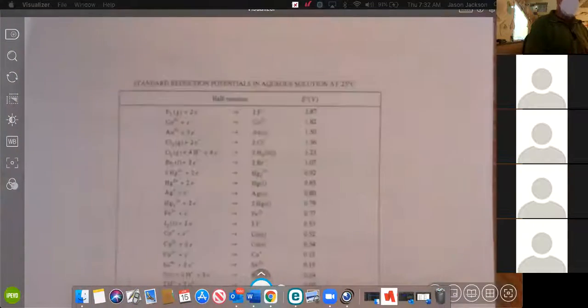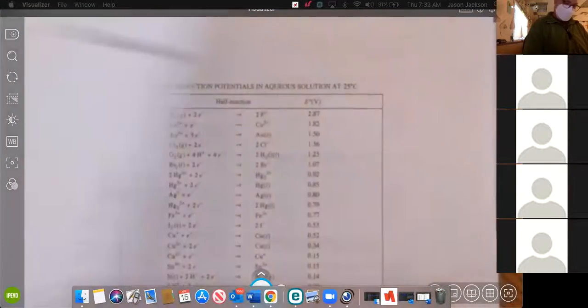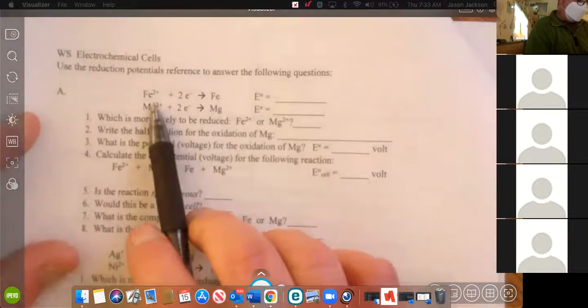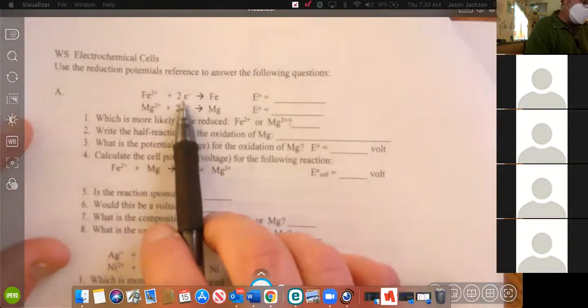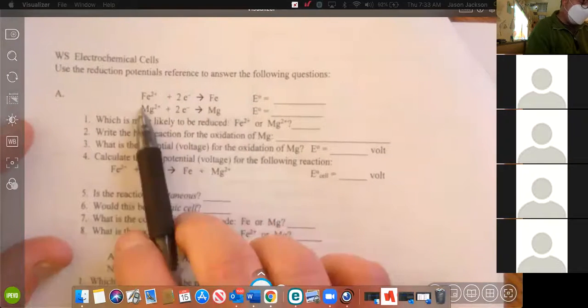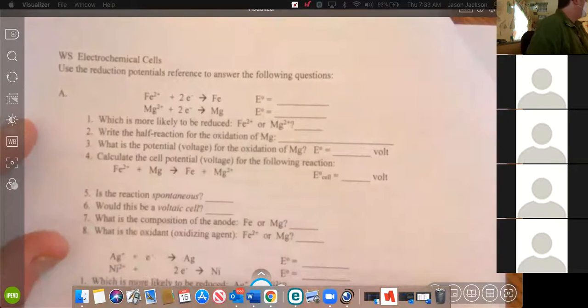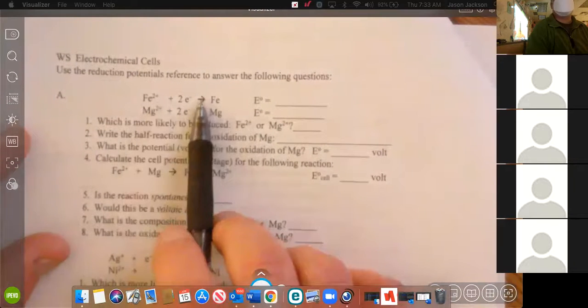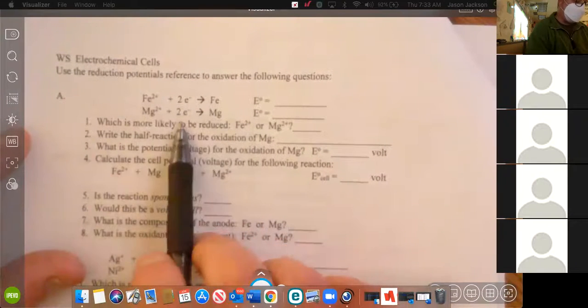I failed at that, but if we take a look, you're going to need this guy. And if we find iron 2 plus 2e negative yields Fe, both of these are what type of reaction? Reduction. We know that because we see the electrons on the left side, which shows them gaining it.